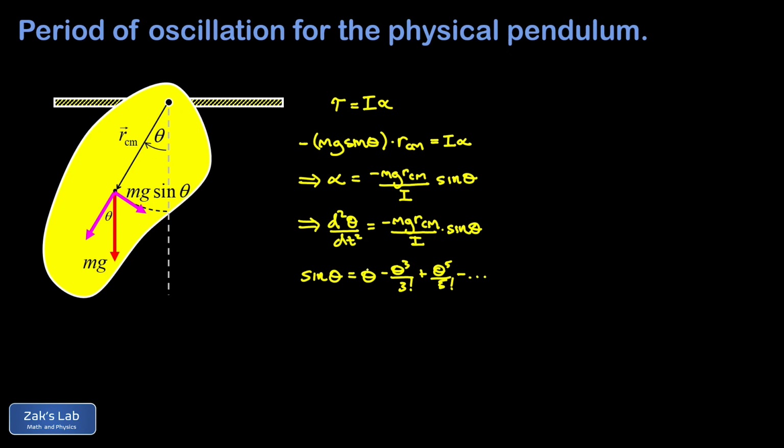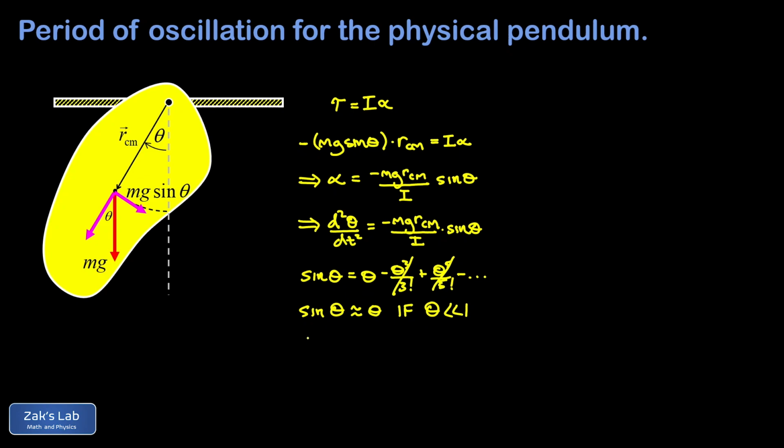Now, if theta is really small, then it's justifiable to do an approximation where we ignore higher powers of theta because higher powers of a very small number create even smaller numbers. So we can say that sine theta is approximately equal to theta if theta is small. In a lot of textbooks, this will normally be notated like this: if theta is much less than 1.